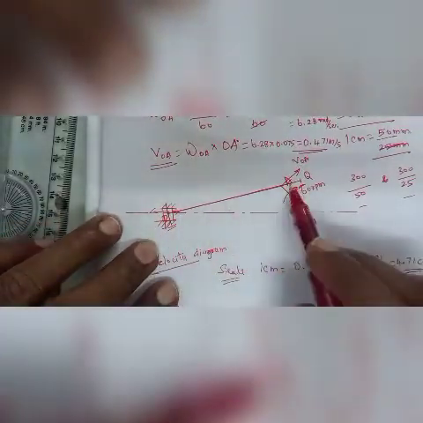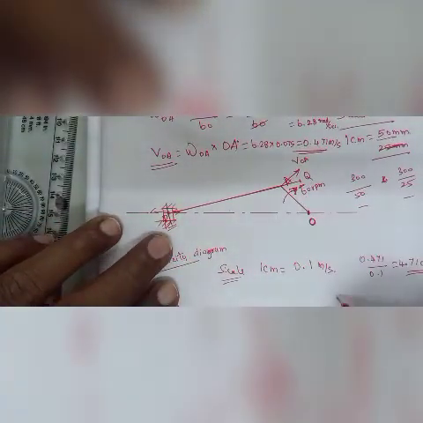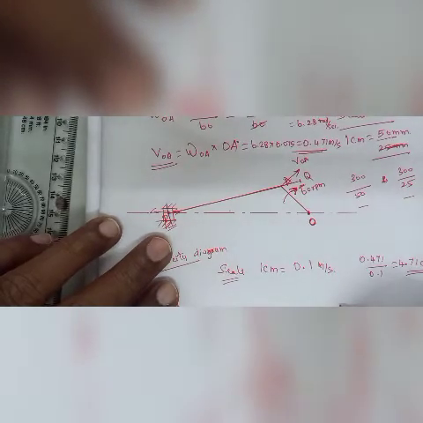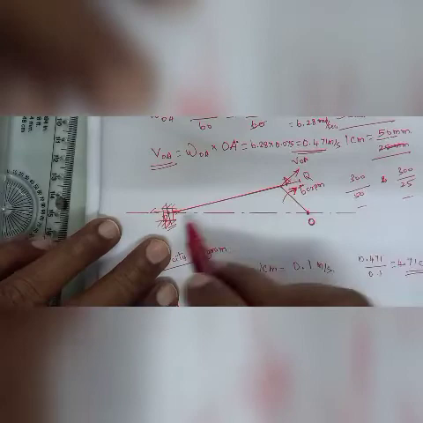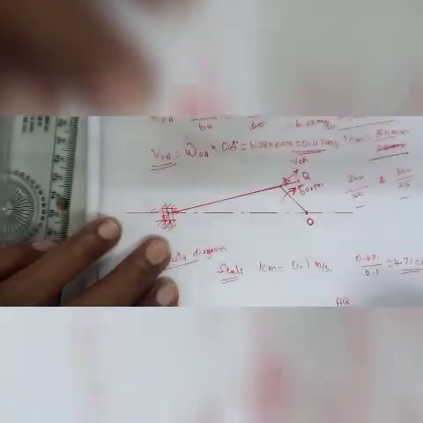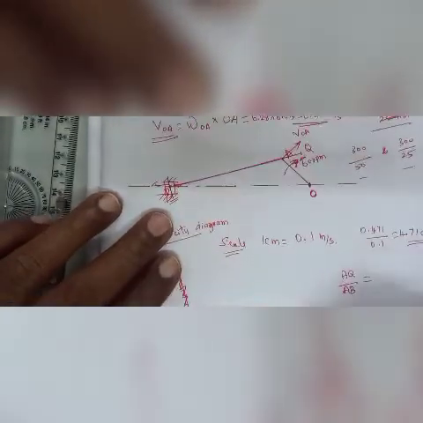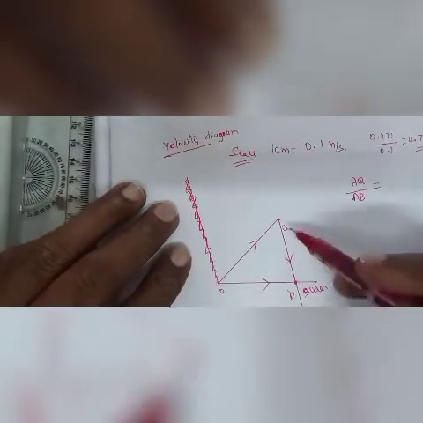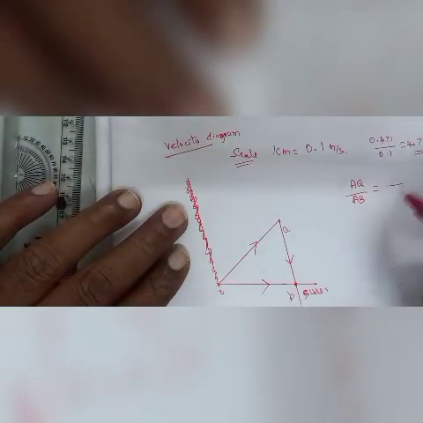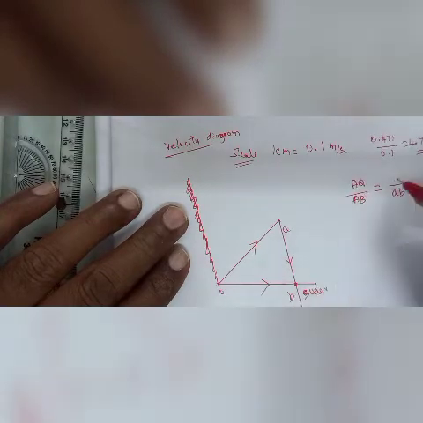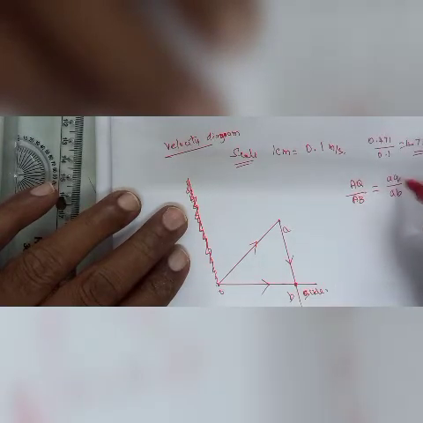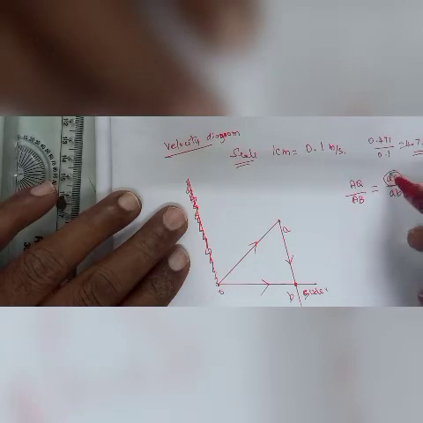In this diagram, the distance AQ divided by AB is equal to, in velocity diagram, we have small ab and we have small aq. This is what we have to find out.